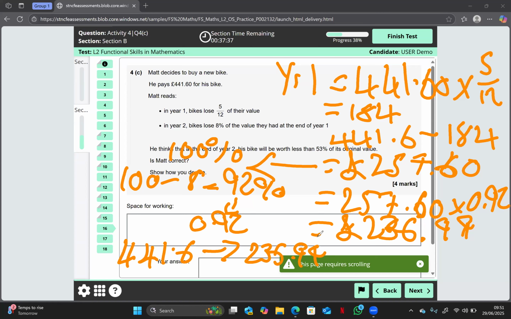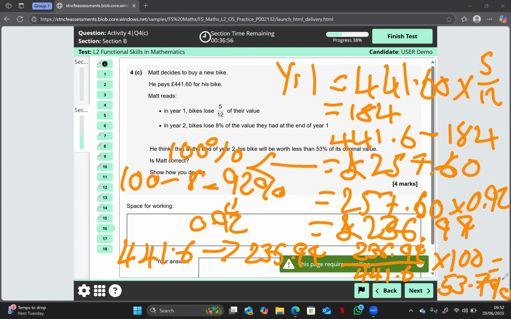So all we can do is divide 236.99 by 441.6, all multiplied by 100 to work out the percentage, which equals 53.7%, which means that he is right.